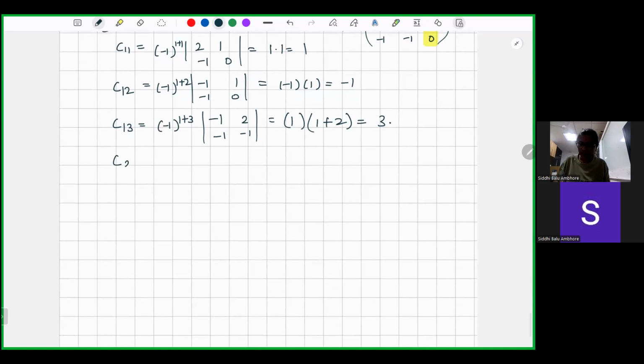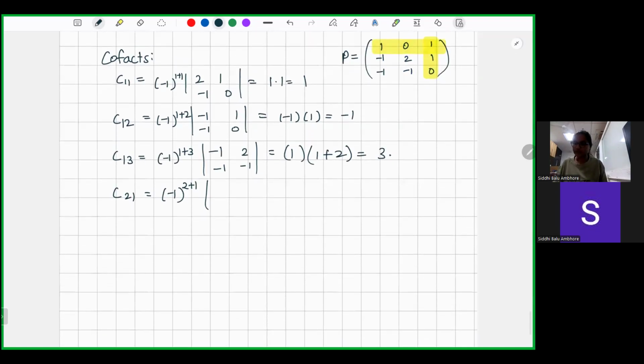Now C21 will be minus 1 power 2 plus 1; you can check this, I'm not drawing everything here.